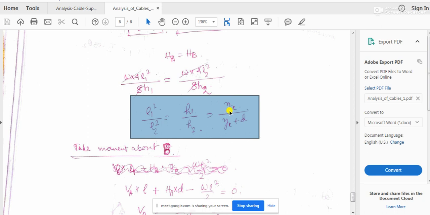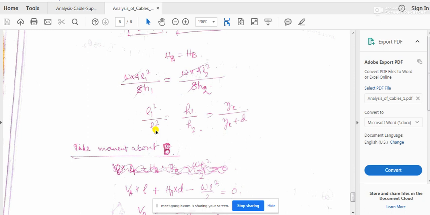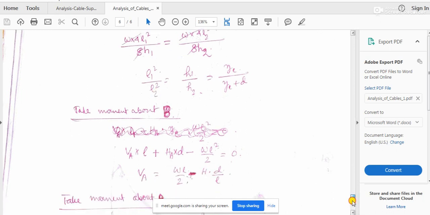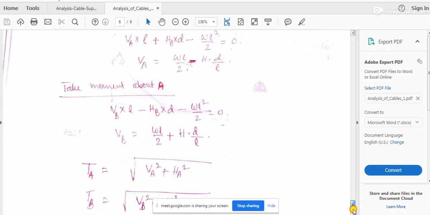So if you know YC and YC plus D, you can find L1 in terms of L2, and you know the total span of the bridge. From that you should be able to calculate L1 and L2. Okay, considering this theoretical understanding, let us now solve one problem.